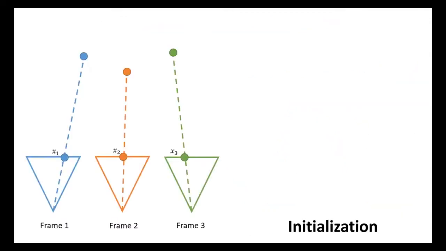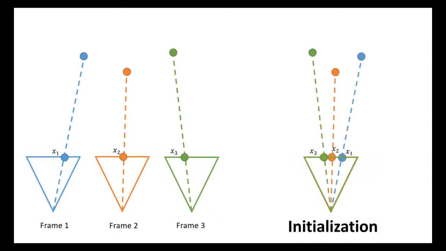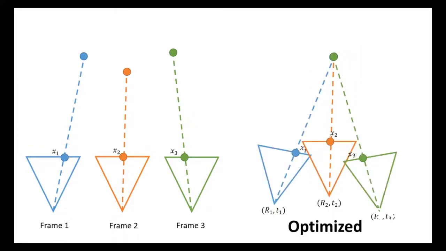X1, X2, X3 are some 2D tracks of the same 3 points, and assuming that you know the depths, you can start by initializing every camera at the world coordinate origin. You have some constraints about these points: they should line up in 3D, so you can optimize this to get a new pose for each camera, right? So this resembles bundle adjustment, but it's a simpler problem because you don't need to estimate the depths. Your depth is something you already know.